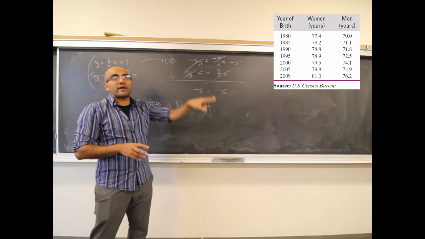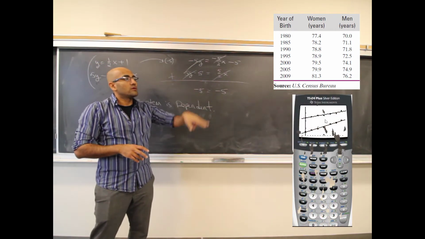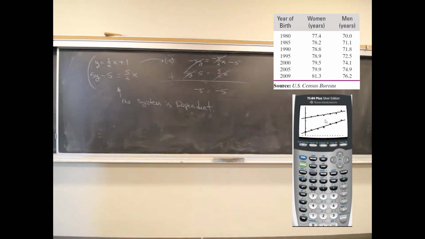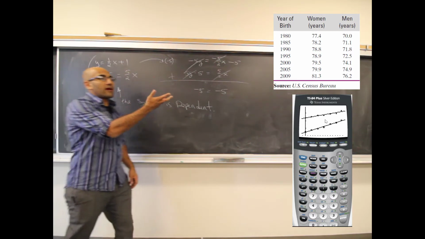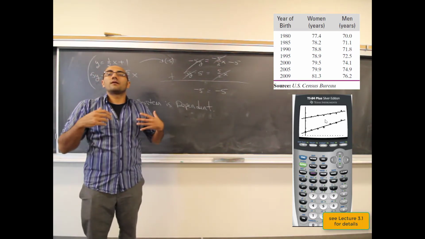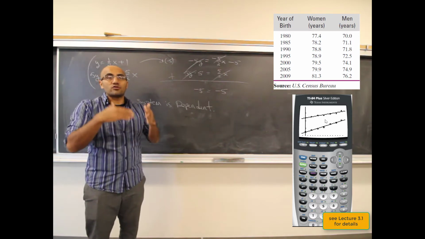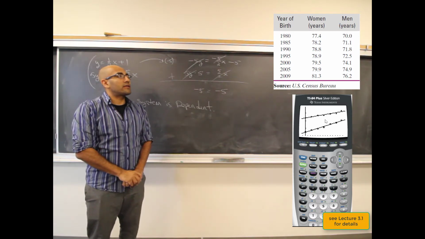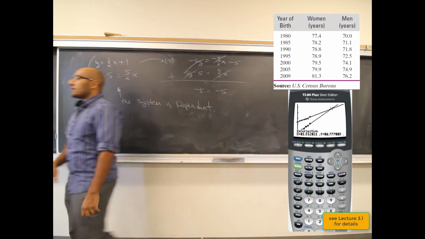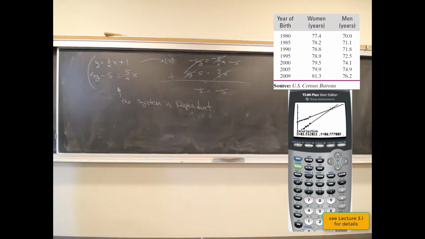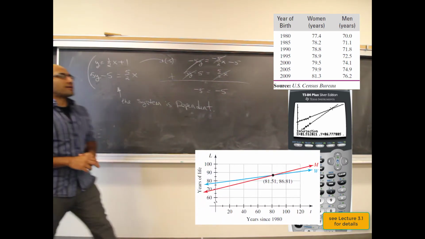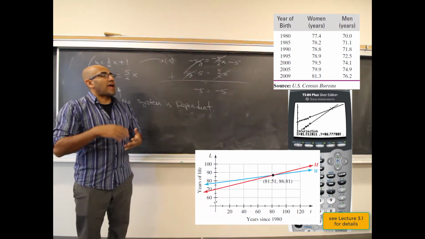So what we did is we created a scattergram between the two. Then we found the regression lines, and the regression lines were these. So we used our calculators to find these things. And then we used the calculator's graphing function to calculate the intersection between the two. We found that the answer was 81 years after 1980.